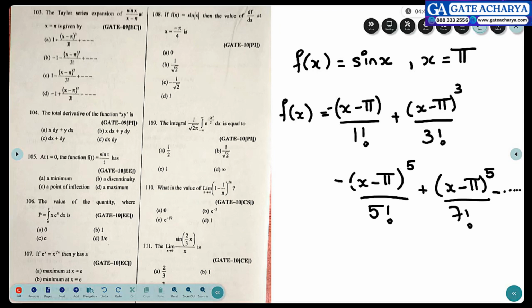Minus (x minus pi) divided by 1 factorial plus (x minus pi) the whole cube divided by 3 factorial minus (x minus pi) raised to 5 divided by 5 factorial plus (x minus pi) raised to 7, not 5, raised to 7 divided by 7 factorial. Like this it will go on. Okay. Now this is for actually which function? Our requirement is for which function?